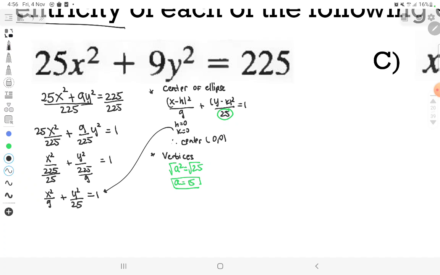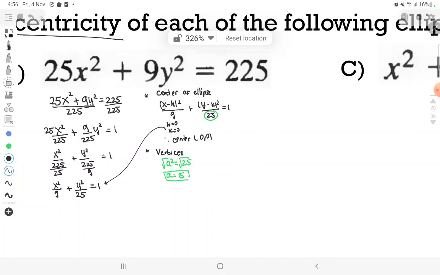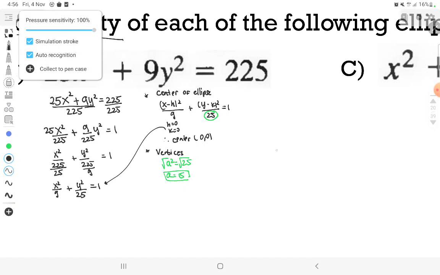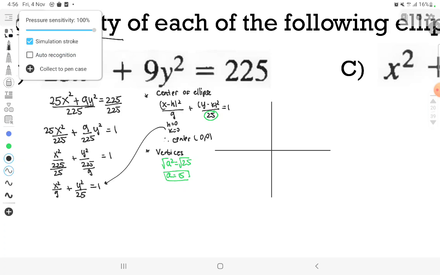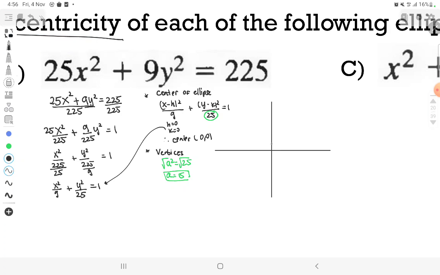Now our a is equal to 5, so from here, if our center is at the origin or 0, 0, therefore I will just write it here. Okay, so we have vertices. So we'll just put here 1, 2, 3, 4, 5.